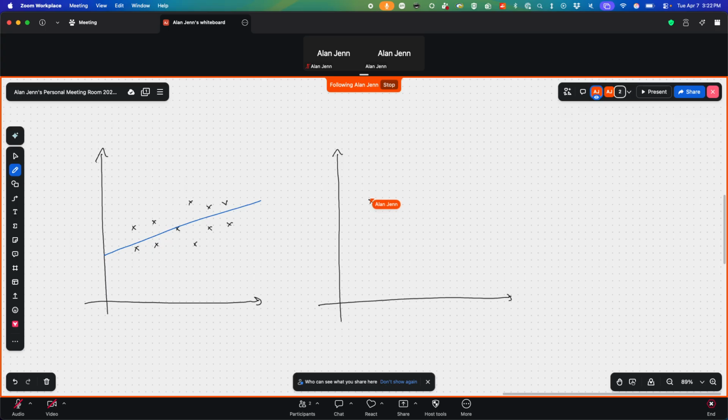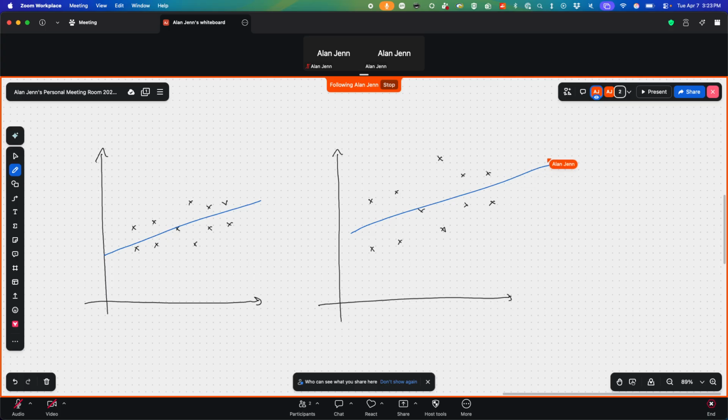So what I'm trying to do here is to create a set of points that mirror each other on the left and right, but are more spread out.